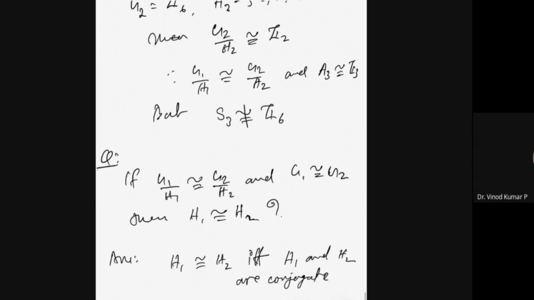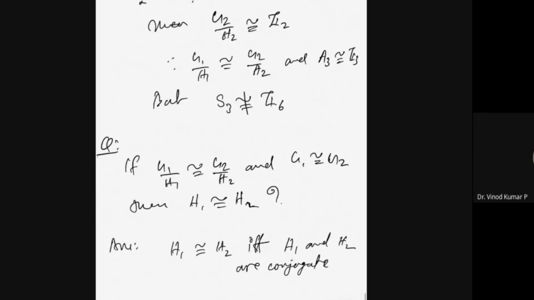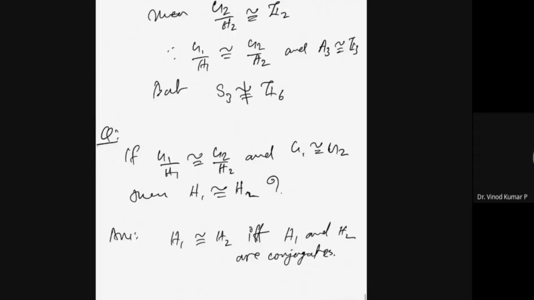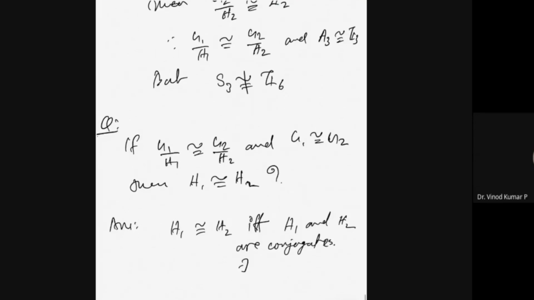That proof is not that easy, and needs a lot of computations. So just keep the statement: H1 and H2 are isomorphic if and only if H1 and H2 are conjugates. That means there exists some G such that H1 equals G H G inverse.